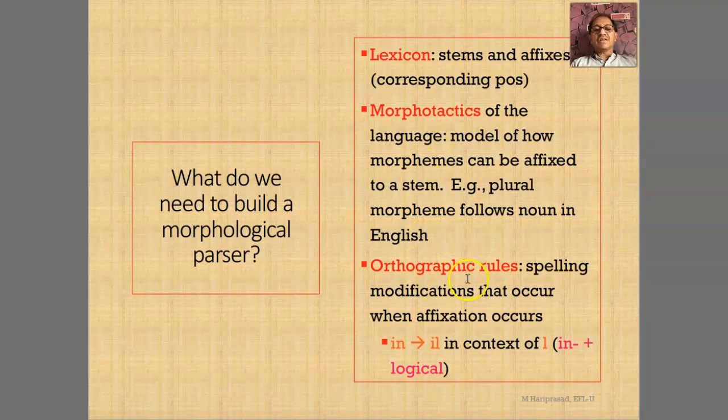Then we also need orthographic rules, because we deal with written texts where spelling changes when a particular affix attaches, or when a particular suffix or prefix attaches.